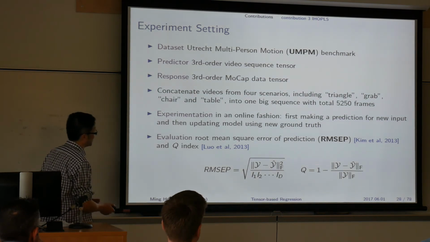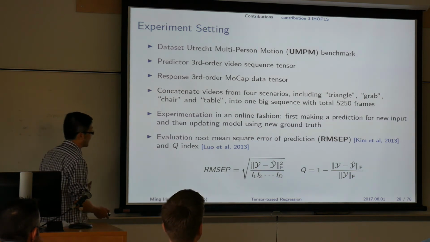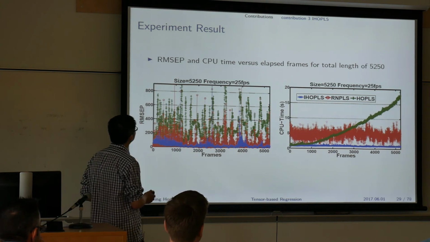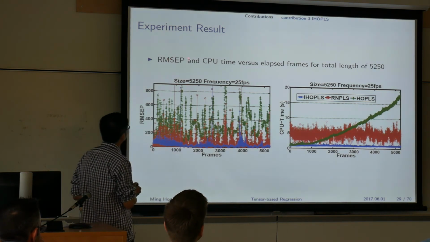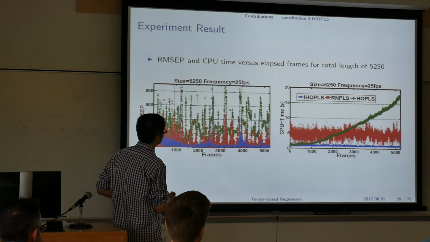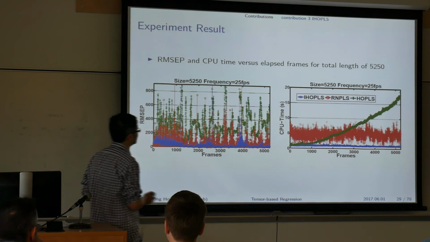The higher the Q value is, the more accurate the result is. And here is the result. This shows the RMSE error and CPU cost versus the elapsed frames for the total length of the video sequence.